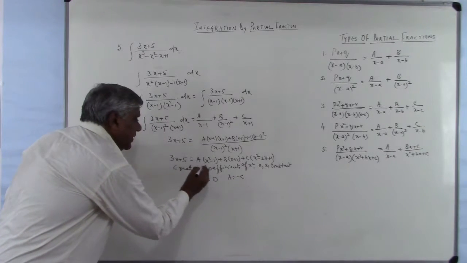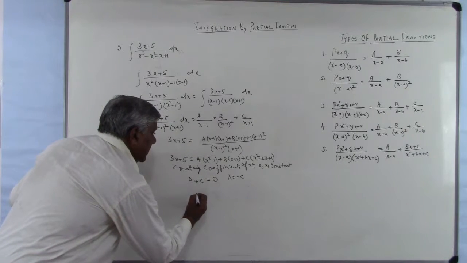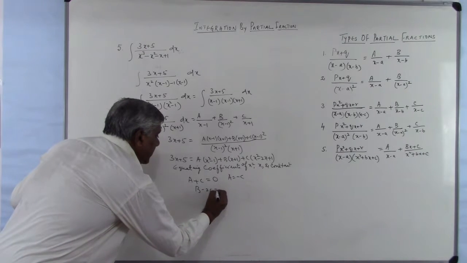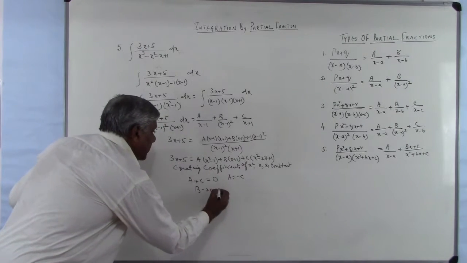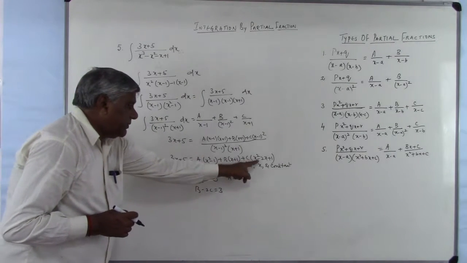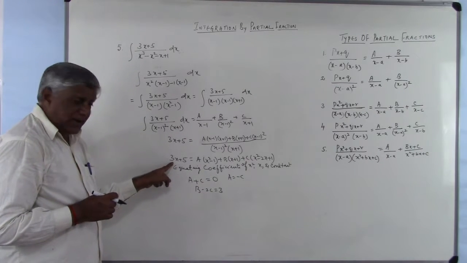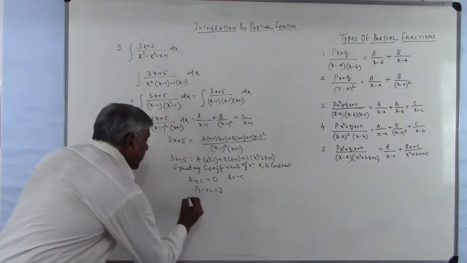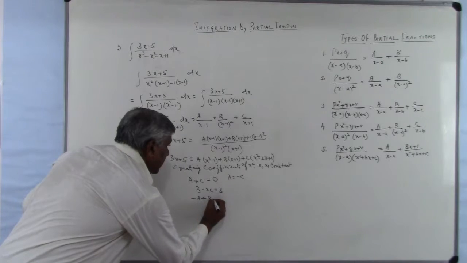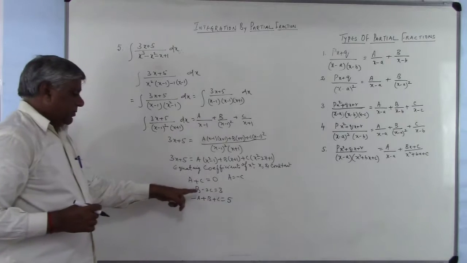Next, b minus 2c is equal to 3, because the coefficient of x is b minus 2c, equal to the coefficient of x, which is 3 on the left hand side. Now equating the constants, minus a plus b plus c is equal to 5.